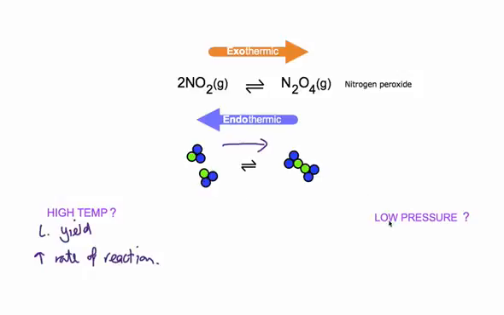But we haven't got a high pressure, we've got a low pressure, so that means it's going to be the reverse reaction that's going to be increased, simply because nitrogen dioxide molecules would be further apart in a lower pressure, and therefore the forward reaction would not be encouraged.